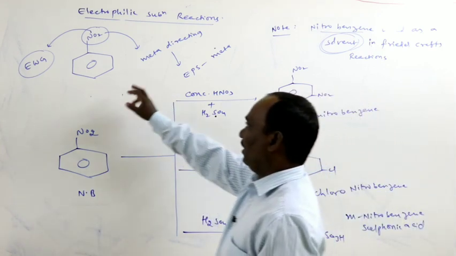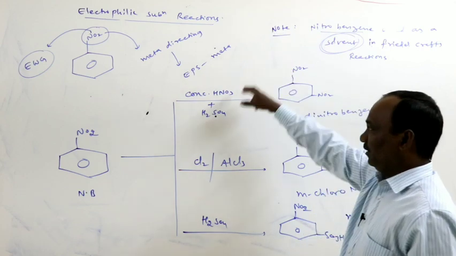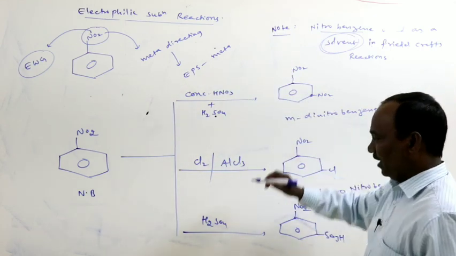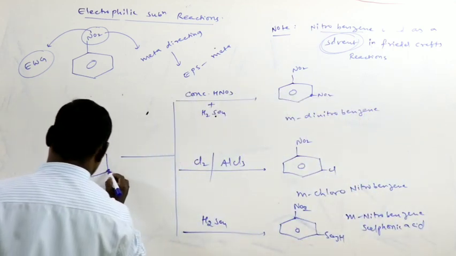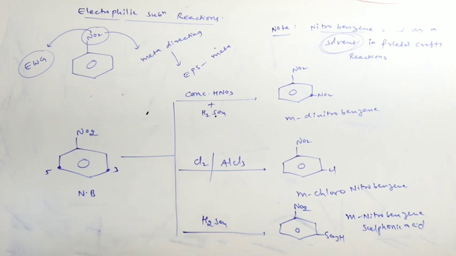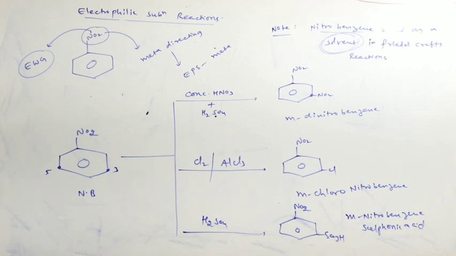Right, once again, in nitrobenzene, the NO2 group is a meta-directing group. That's why electrophilic substitution takes place at the meta position only. Okay, these two are meta positions. Third and fifth positions are meta positions. Second and sixth positions are ortho positions. Fourth position is the para position.